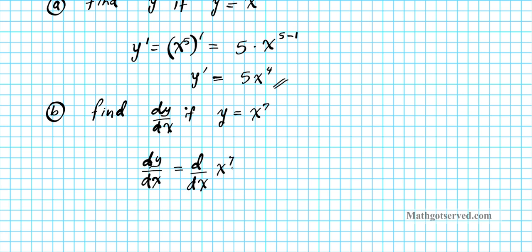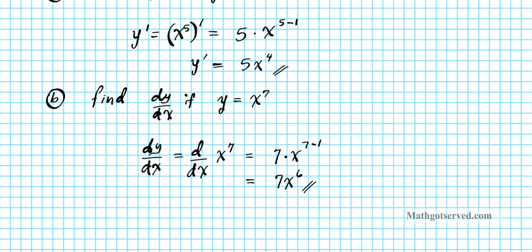We can clearly see that this is a power, so we're going to be using the power rule here. Okay, so what you're going to do, you power down, bring down the power, 7 times x to the, and then you subtract 1 from the power, 7 minus 1. Okay, so that's the derivative. So it's going to be 7x to the 6th power as a derivative of x to the 7th.